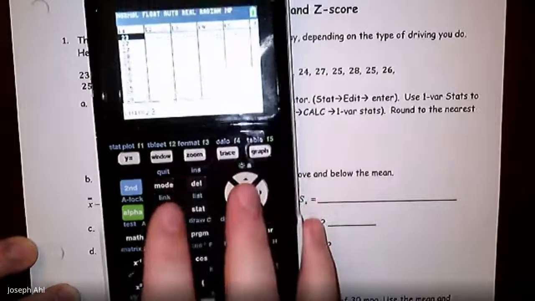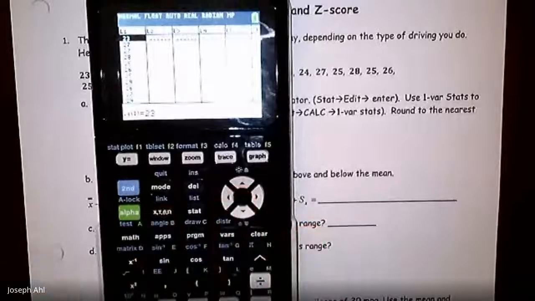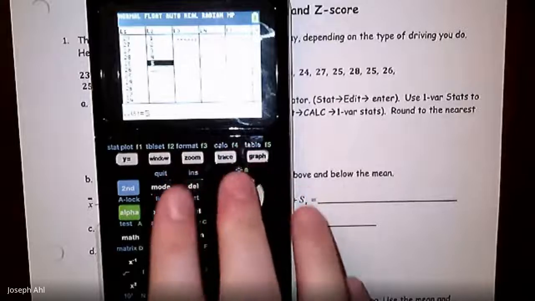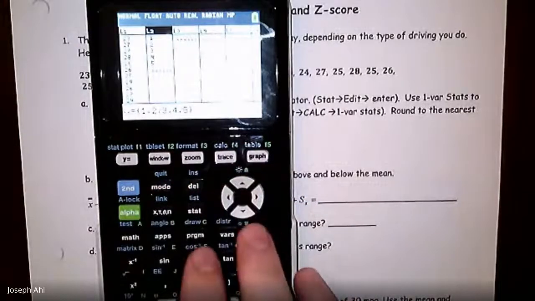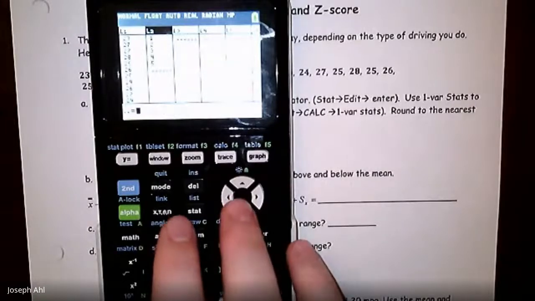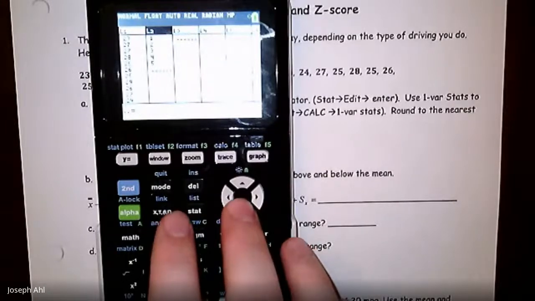I have already typed these data values in, so I'm not going to show you how to type each one in. But as you type in data, you would hit enter each time. Let's say from all the way back in Algebra 1, you still have some old data stored in there, but you're like, I don't want these numbers, 1, 2, 3, 4, 5. If you go to the top of L2, I need you to hit clear and then scroll down and your list will be blank.